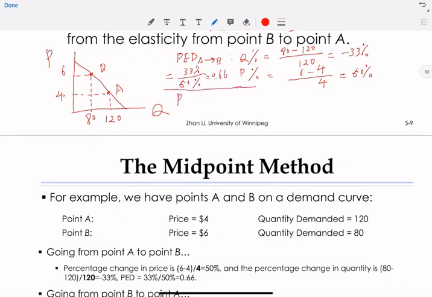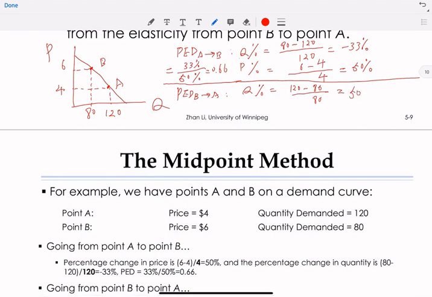Now let's look at the other case. So PED from B to A, right? Again, let's calculate the change in the quantity here. Remember now you're starting from 80, so it's 80 and later you get 120. So this gives you, I think, 50%. And what's the change in the price?